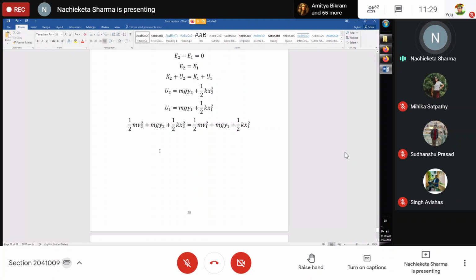What will happen when other forces are present besides the gravitational and the elastic forces?